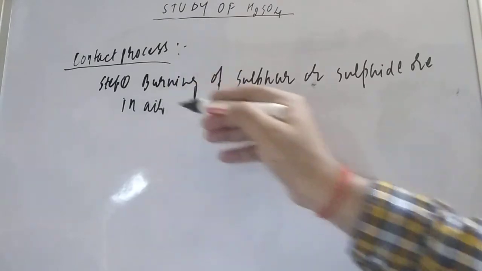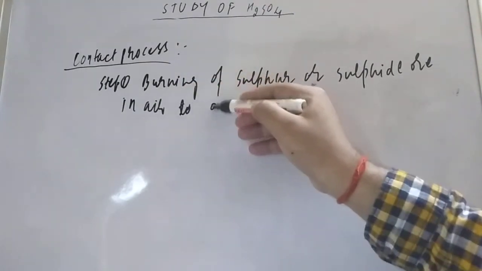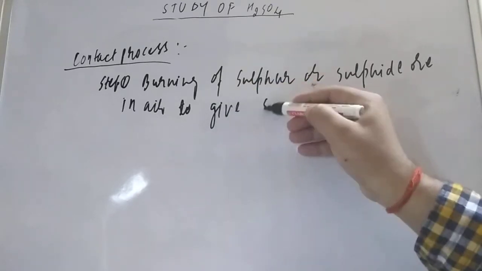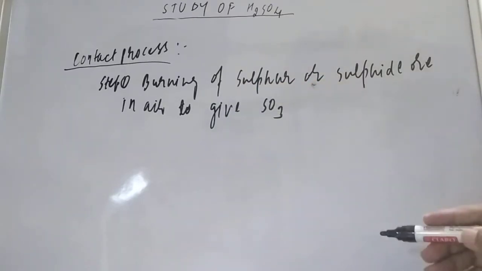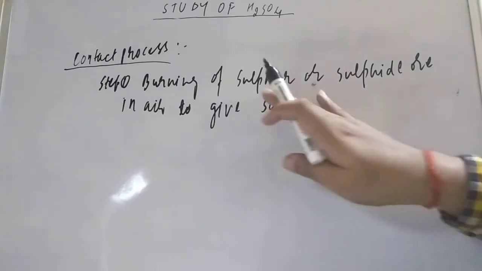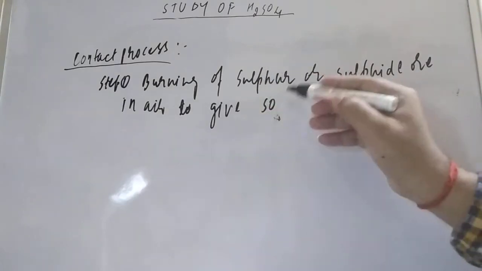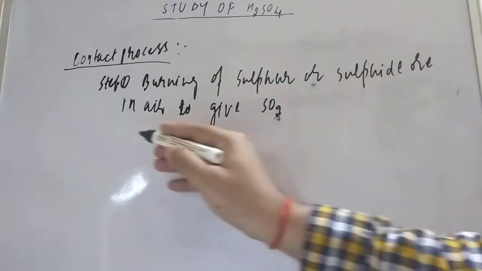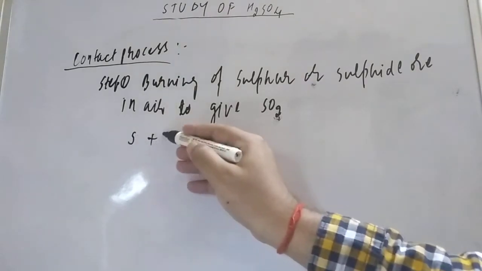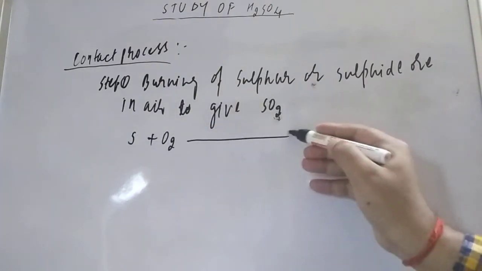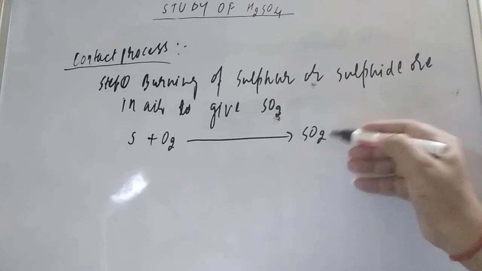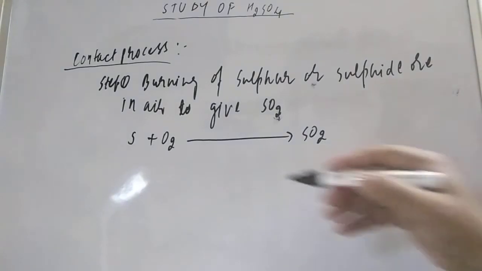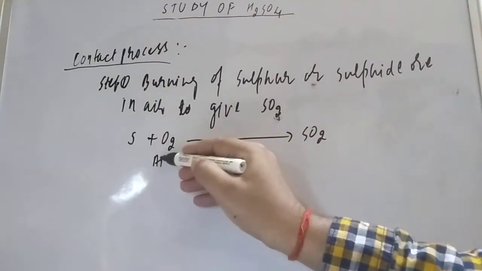This is also called roasting in air, to give the SO3, sulfur trioxide. Okay, no, it will give sulfur dioxide, I'm sorry. So if you are taking sulfur plus excess of oxygen, this will convert into sulfur dioxide. This oxygen is from the air.